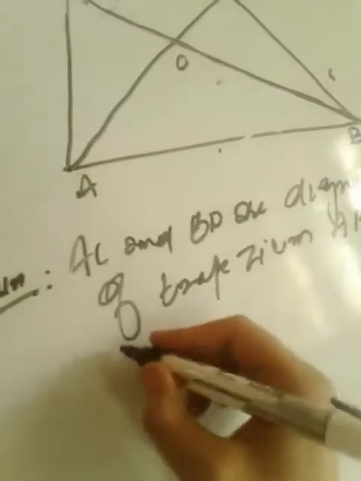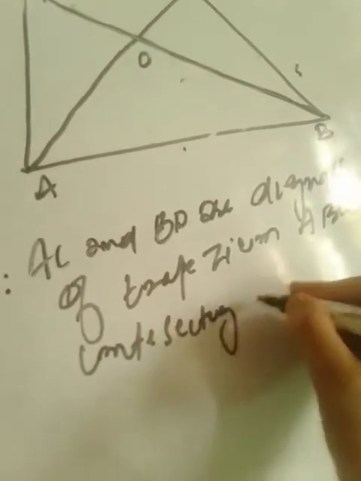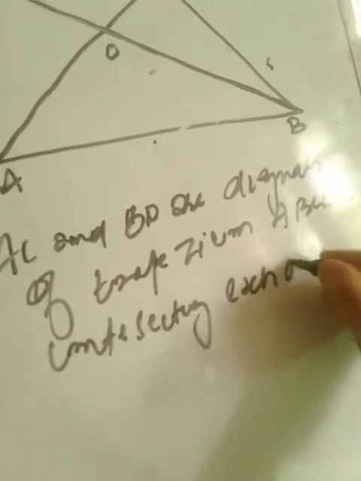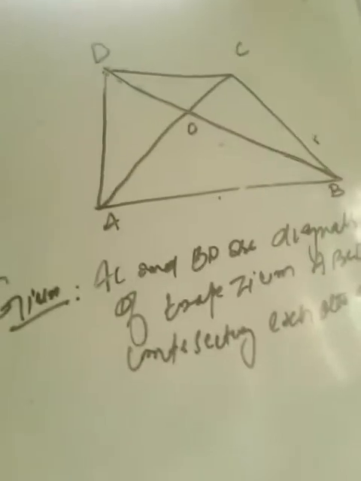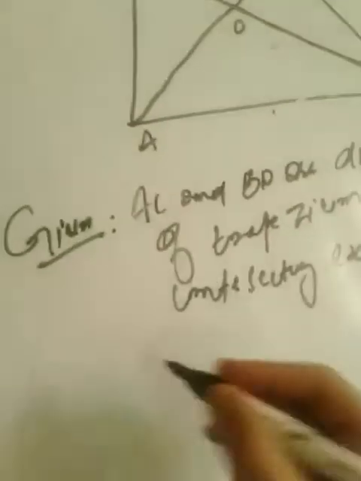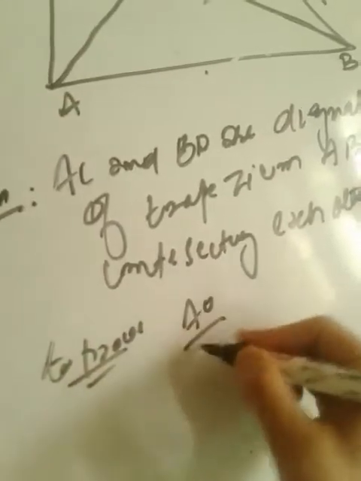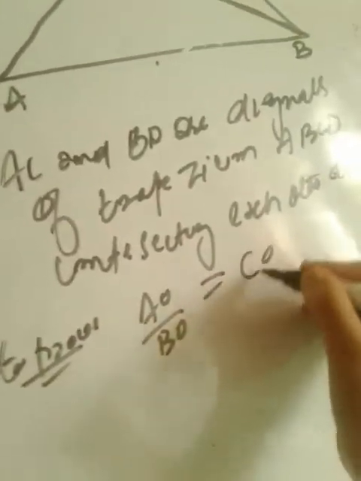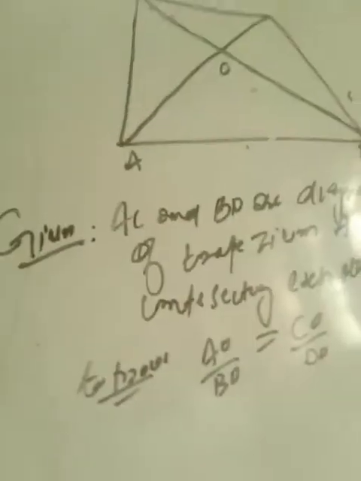AC and BD are the diagonals of trapezium ABCD intersecting each other at O. To prove: AO by BO equals CO by DO. It is in your textbook, you can check.